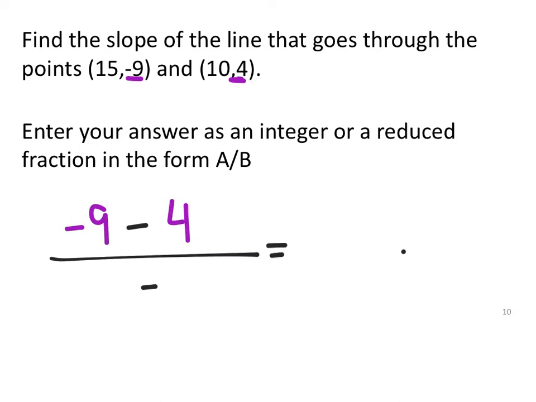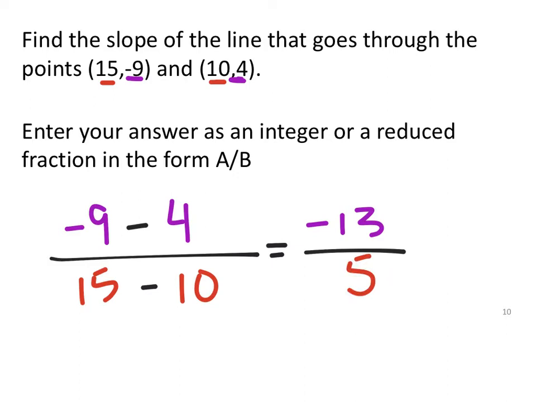And yeah, we could start on the math on that, right? -9 minus 4 is -13. And then we have the x values, 15 and 10. So we're going to subtract those as well. 15 minus 10 is 5. Now, again, I wouldn't change this into a mixed number because it kind of jacks up at least the rise. So I'm going to keep it as -13/5.